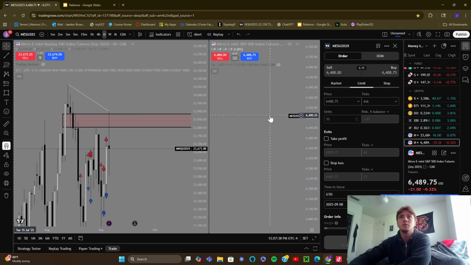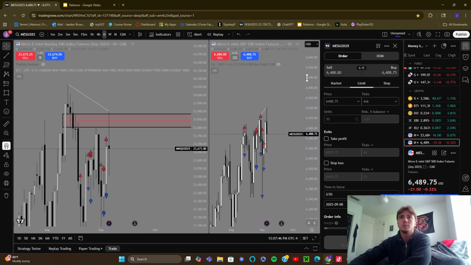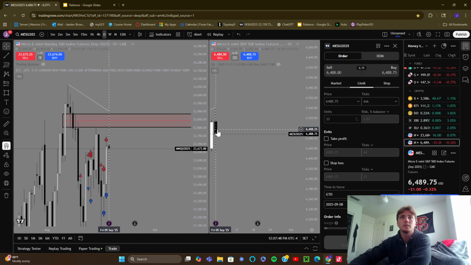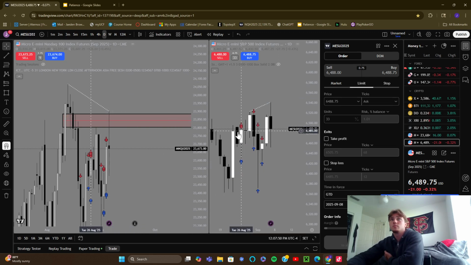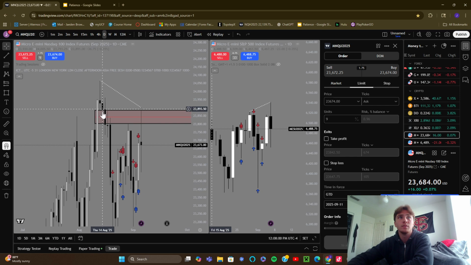So we have a large time frame daily SMT. This daily SMT, plus we have this inverse fair value gap here, this daily inverse.